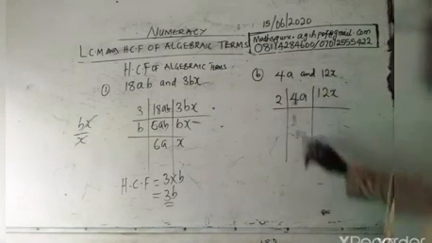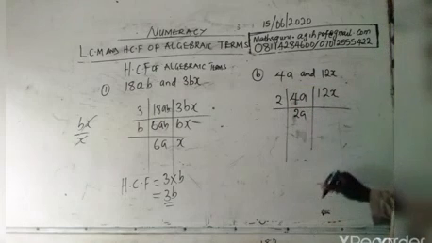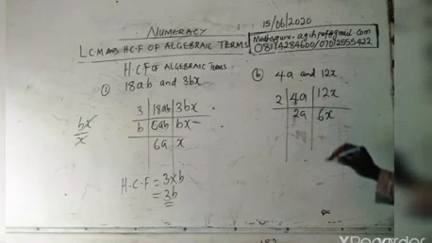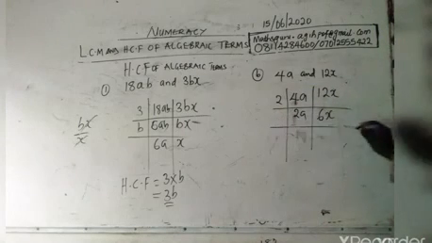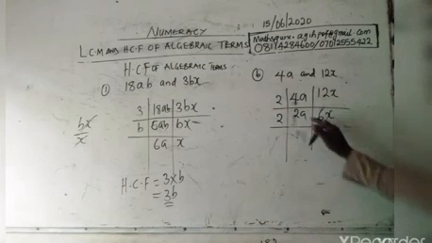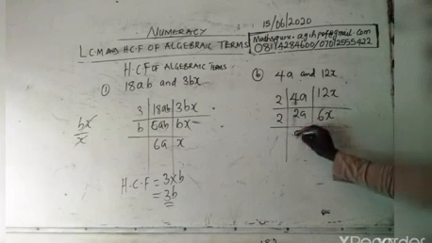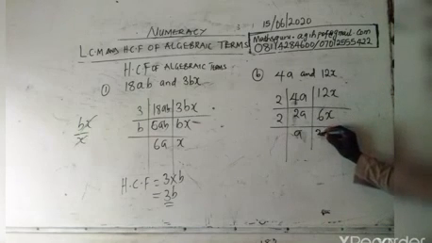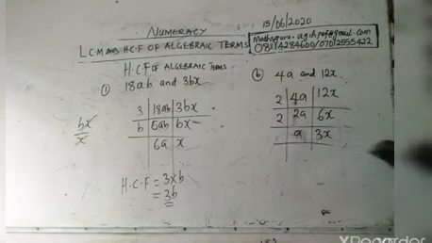Now, 2 can still go. 2A divided by 2 gives us A, and 6X divided by 2 gives us 3X.